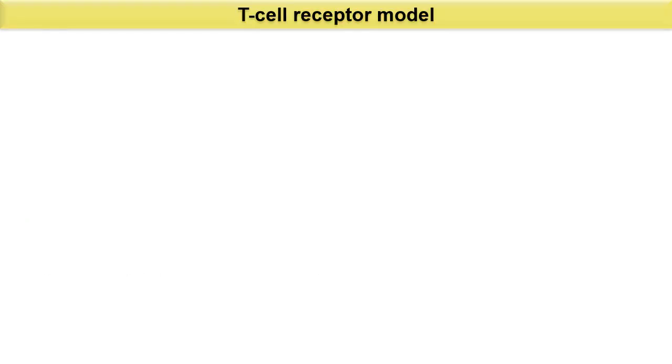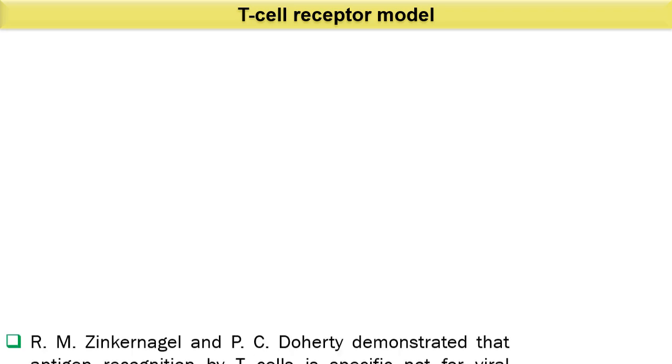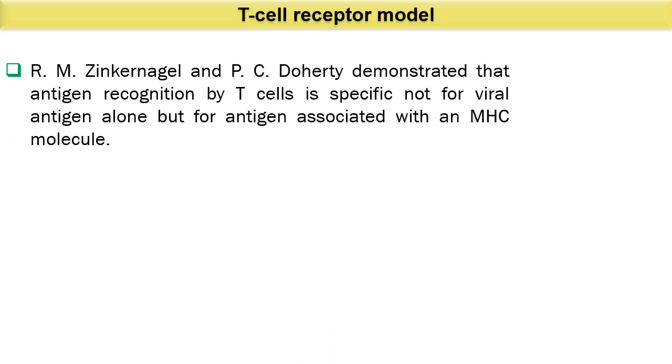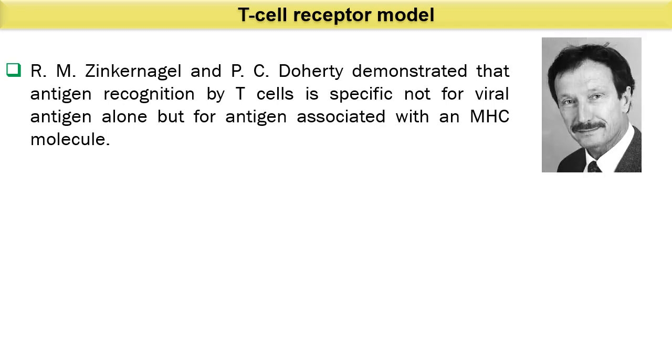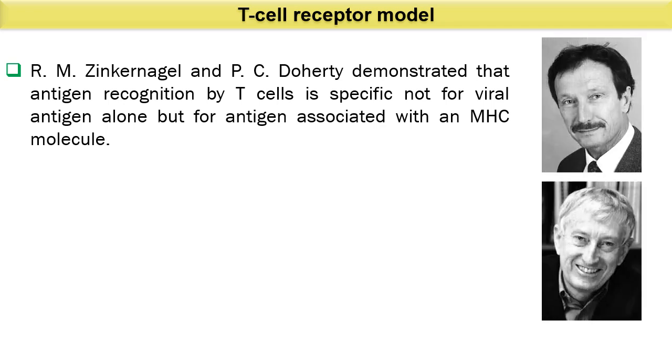The search for the T-cell receptor started way back in 1976 when R.N. Zinkernagel and P.C. Doherty, in 1974, demonstrated that antigen recognition by T-cell is specific not for viral antigen alone but for specific antigen associated with an MHC molecule.